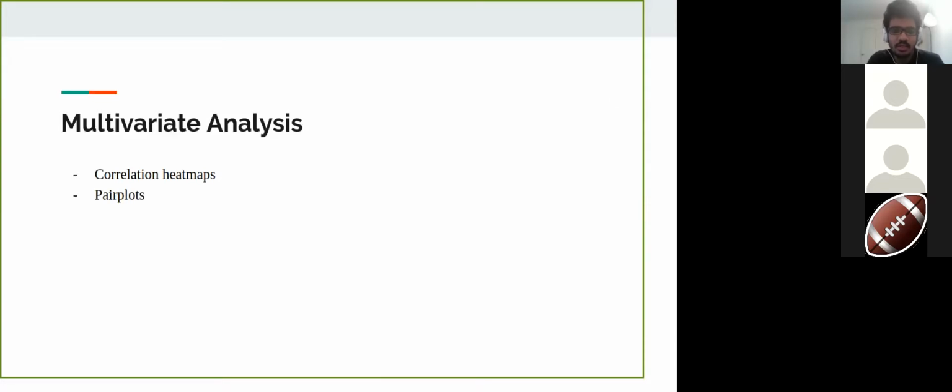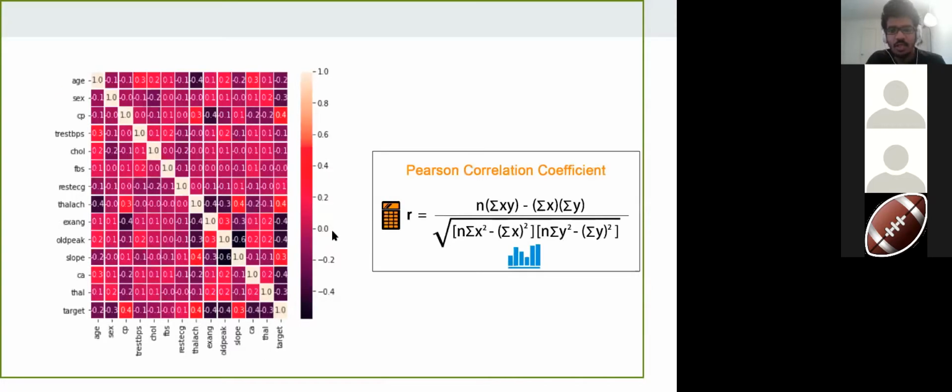So yeah, we can use multivariate analysis, and let me show you. The correlation heat maps and the pair plots are the two most important. As for the correlation heat map, for each pair of numerical features, we calculate the correlation between them, and then we can produce a heat map.